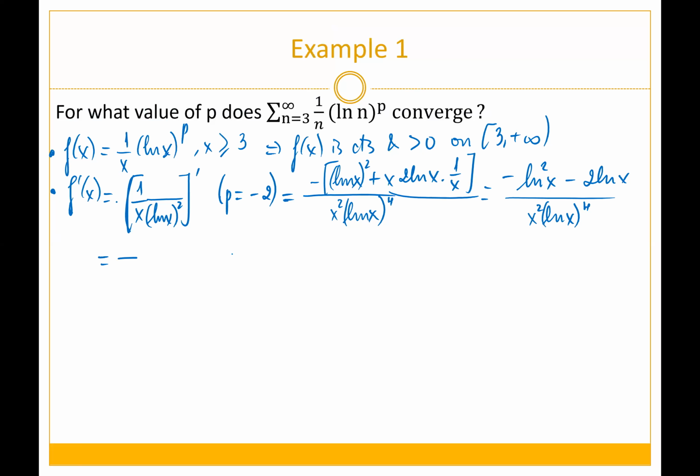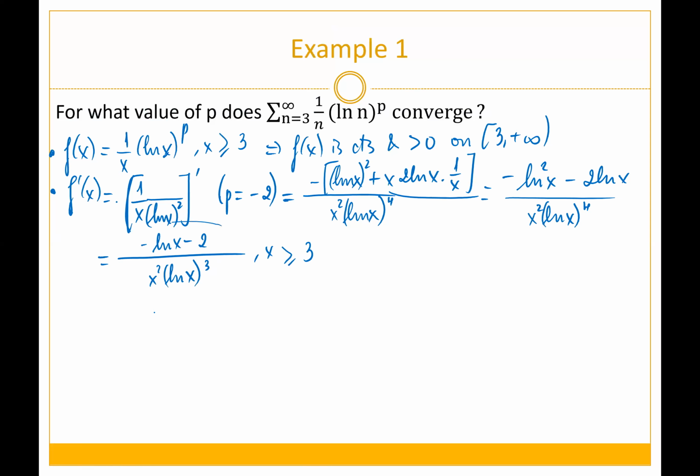You can simplify this a little bit: negative (ln x minus 2) over x squared (ln x)^3. Now, as we said, with x bigger than or equal to 3, x squared and (ln x)^3 are all bigger than 0. ln x is also bigger than 0.